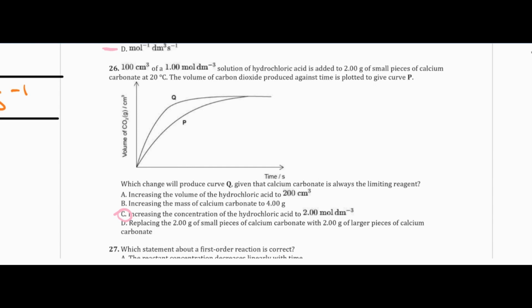D, replacing the 2 grams of small pieces of calcium carbonate with 2 grams of larger pieces. Well, again, we know that the larger the surface area, the faster the reaction. So increasing the size of the pieces won't help us in this case. It won't speed up the reaction. So 26C.